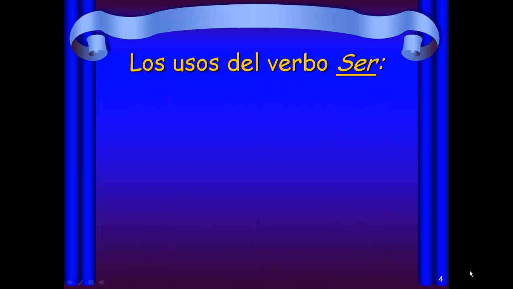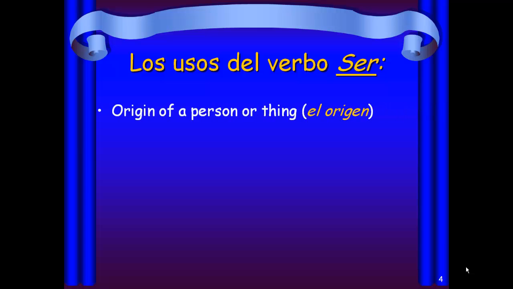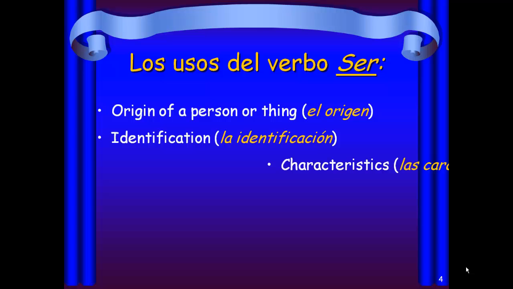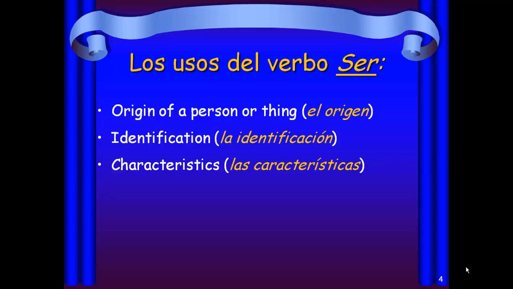We will begin with the uses of the verb ser. This is a review of everything you learned in Spanish 1. First, it's used to tell where something or person is from. Second, to label or identify what a person or a thing is. Then to describe its usual everyday characteristics.